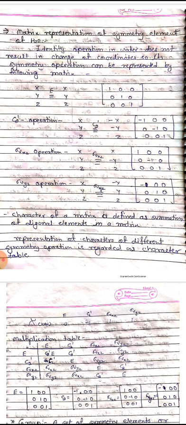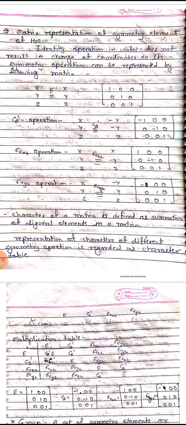Now, we are going to define the character of a matrix. What is character of a matrix? Character of a matrix is defined as summation of diagonal elements in the matrix.